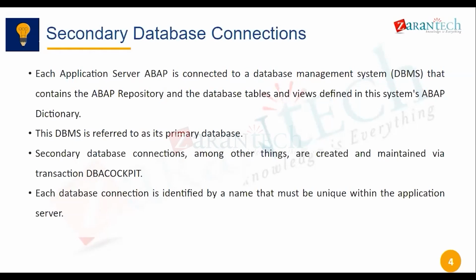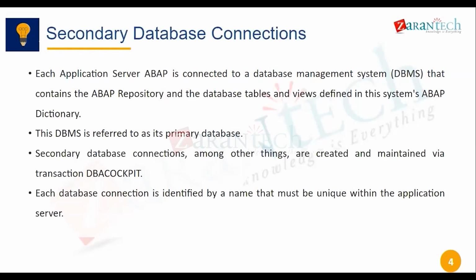So we need to think of an alternative way. What we have to do is identify all the database tables used in that report. Once we identify them, we find there are around, say, 5 to 8 database tables.